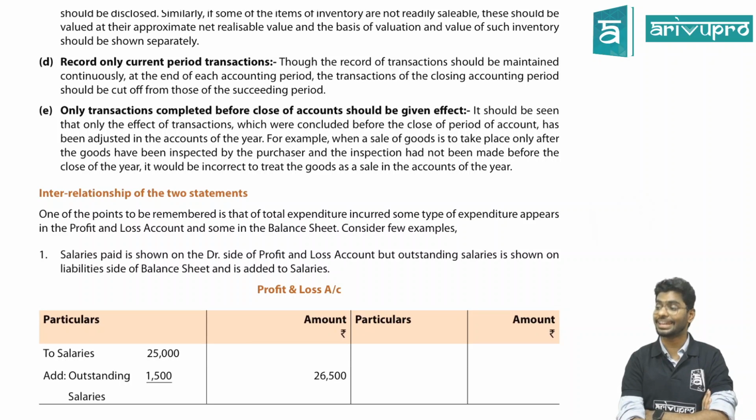Anything which does not appear in the trial balance should appear twice. Whenever it appears twice, there is an interrelationship between your income statement and your balance sheet. Whenever there is a transaction which appears outside the trial balance. Are you clear?